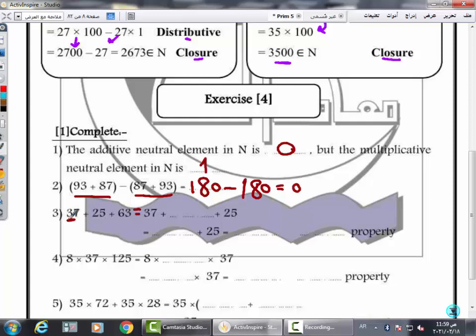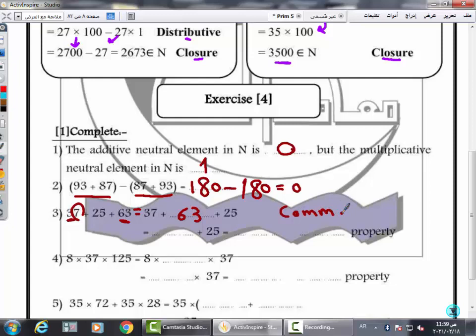We look at units. Units here 7. 7 plus what gives me a number whose units is 0? We look at 63. We will take 37 plus 63 plus 25. This is called commutative property.